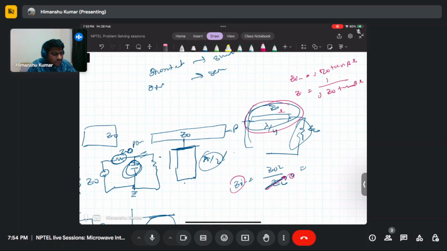So based on the length you tune, if Zn is of the form j omega L, it behaves like an inductor, and if it is of the form minus j by omega C, it behaves like a capacitor. So even a short circuited line can work as a capacitor or inductor based on the length you tune.